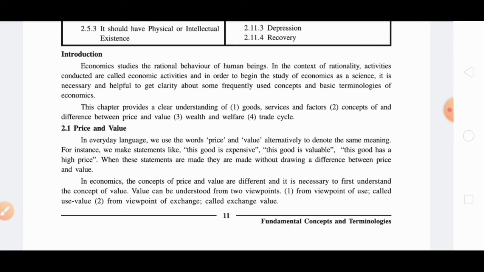Economic activity means all those activities which are done for getting something in return.